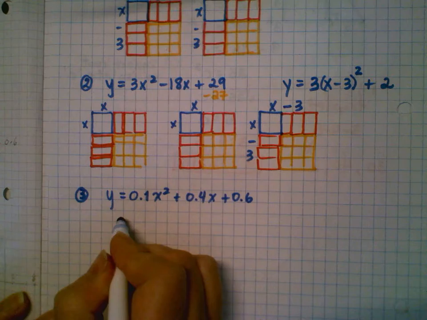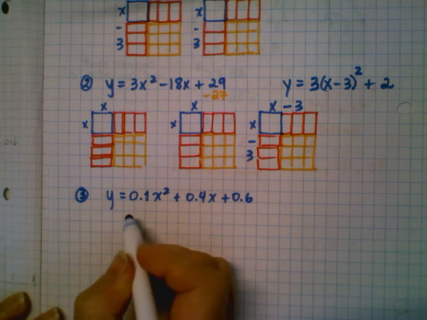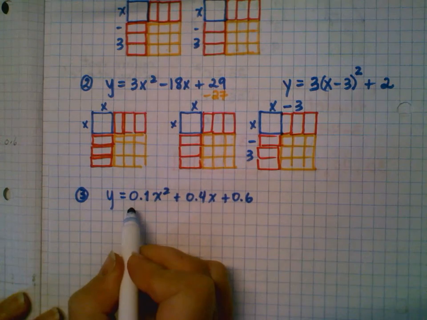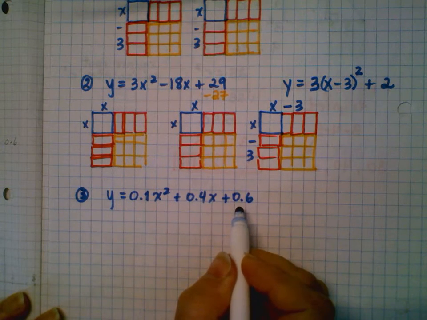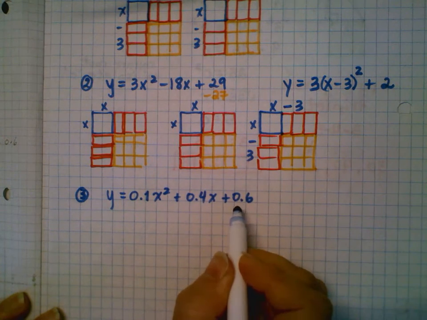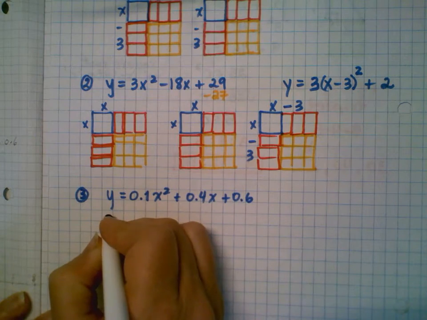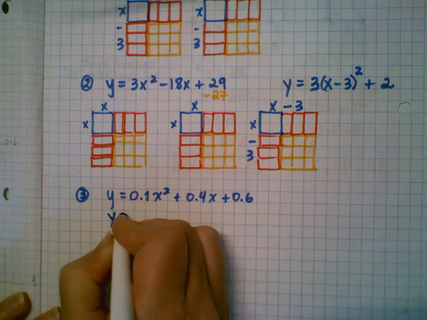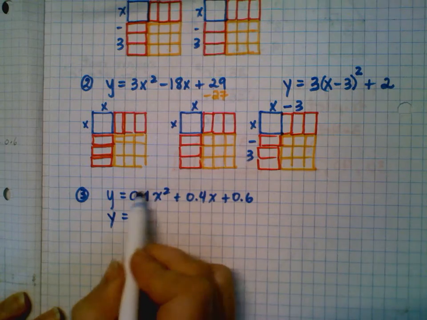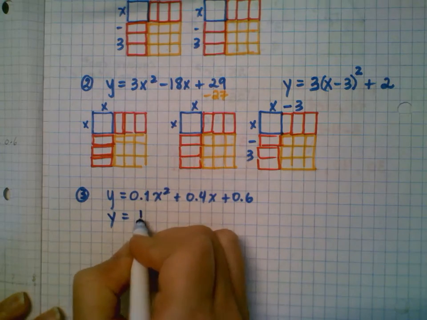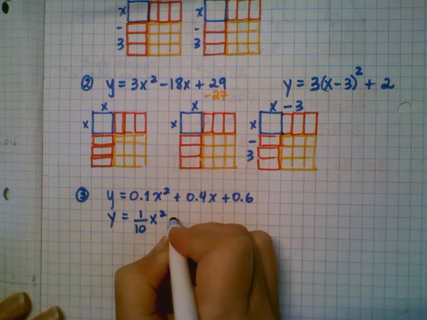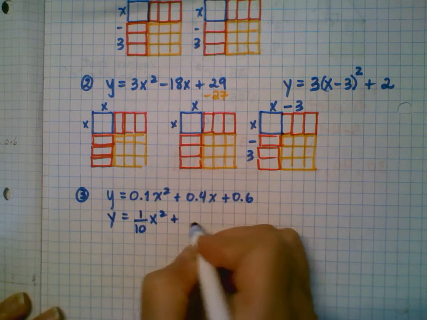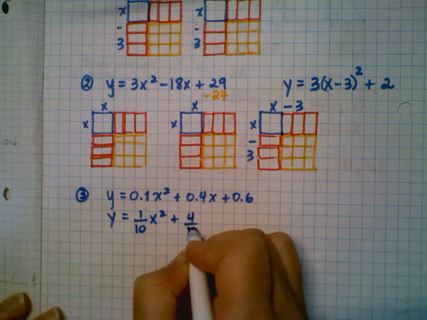So the first piece in this process, what I would do is a little bit of algebra and rewrite these. Instead of decimals, I would write them as values as a fraction. So this is 1/10. 0.4 is 4/10.